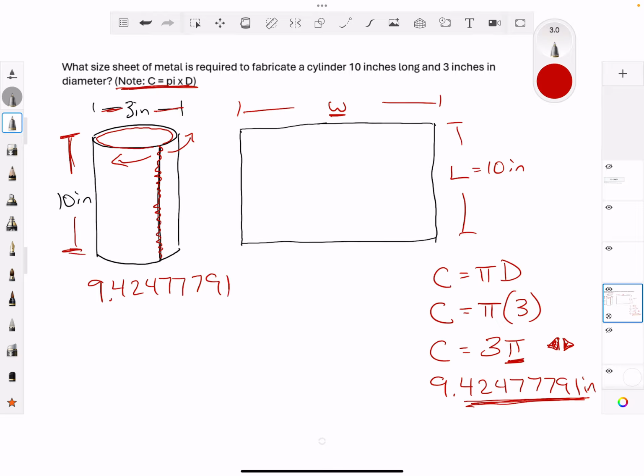I don't want to round it until the end. What I'm going to do in my calculator is hit minus 9. It'll say Ans minus 9. Then I hit enter. That's going to remove this 9. There is a full 9 inches on this width, but we need to figure out what part of an inch this 0.42 is.